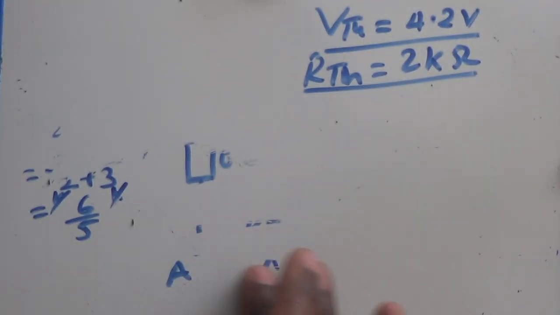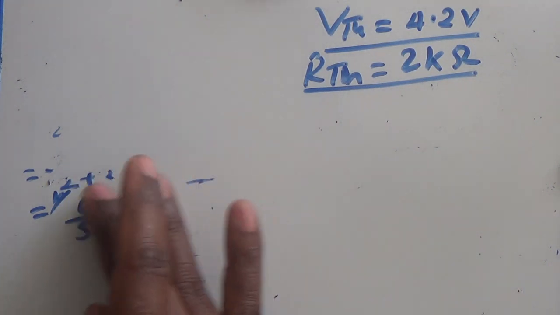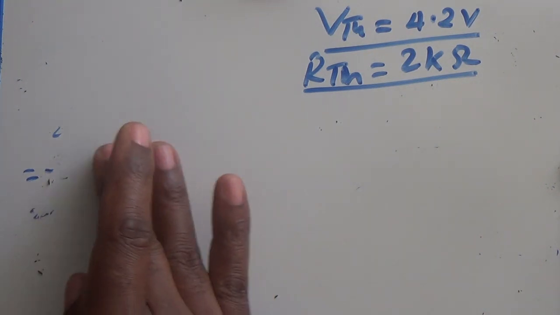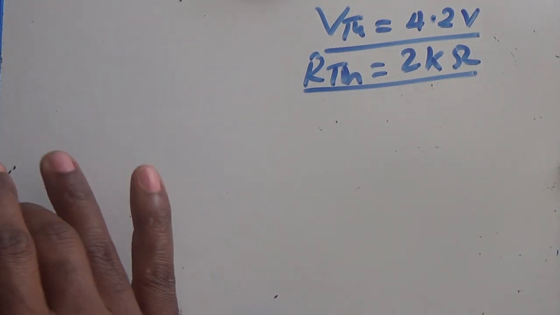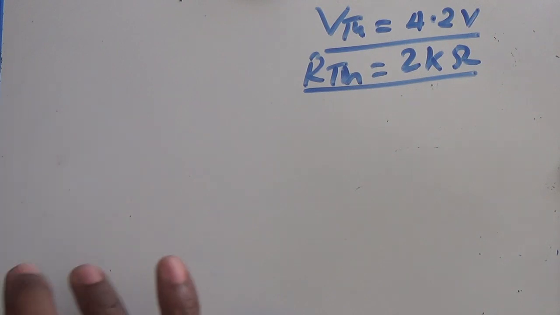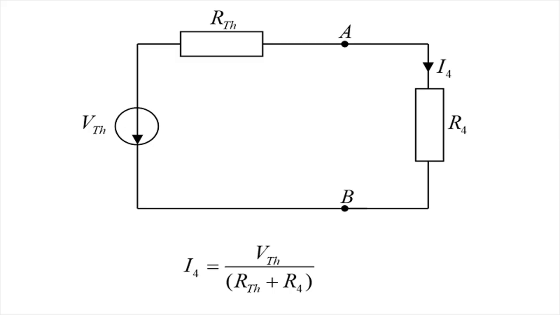So that current which was at that point AB, I4, is the same as VTH over RTH plus the load. Which load is the resistance that is connected across that section.